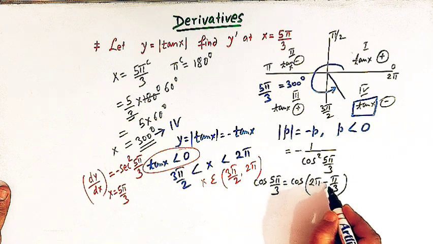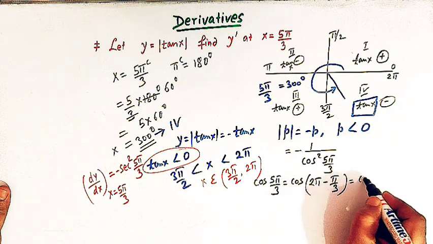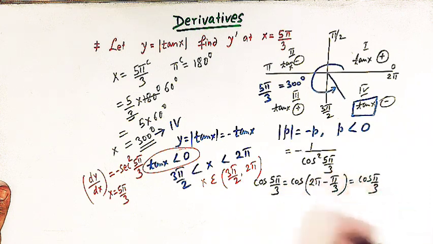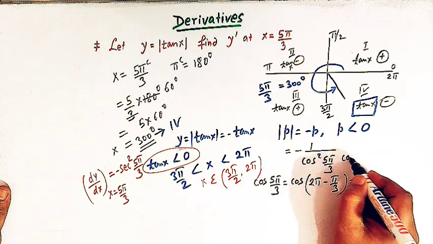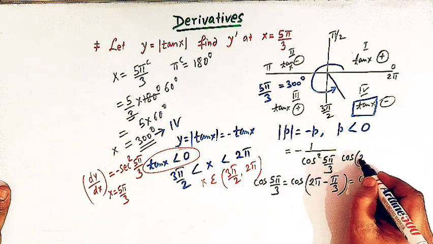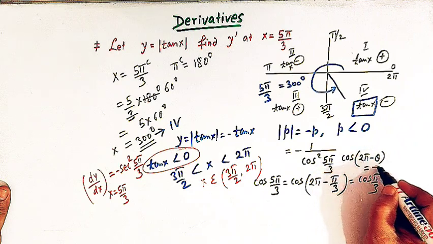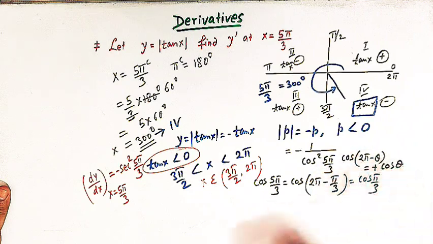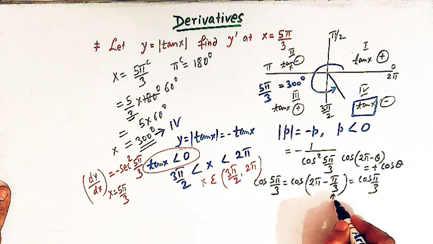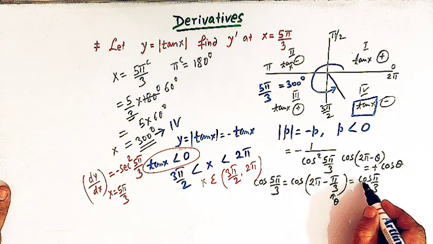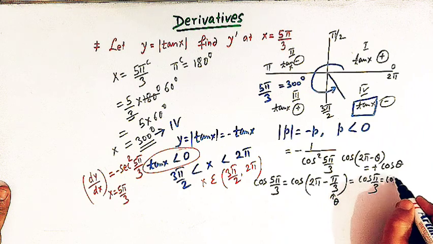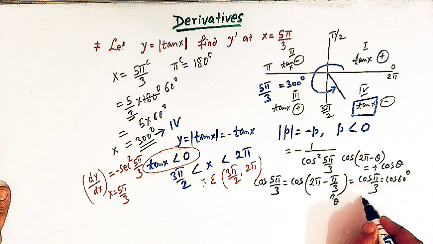And cos of 2 pi minus pi by 3 is simply cos pi by 3, because we know this result, that is cos of 2 pi minus theta is equal to a positive cos theta, right? And here our theta is pi by 3. So cosine pi by 3 is cos of 60 degrees, that is equal to half, right?